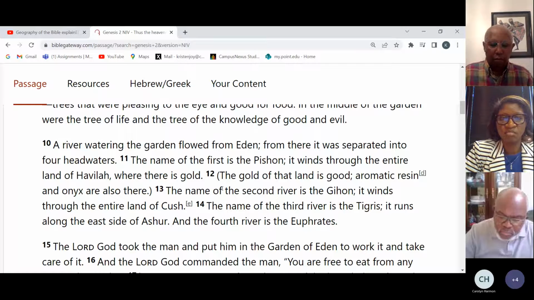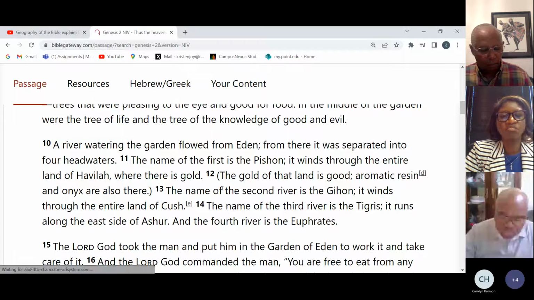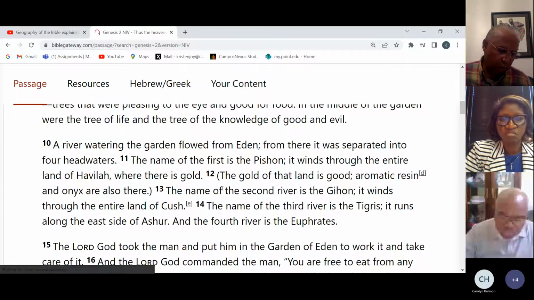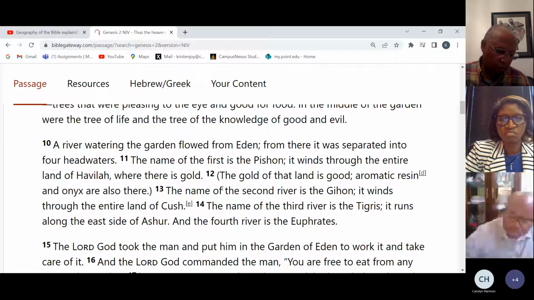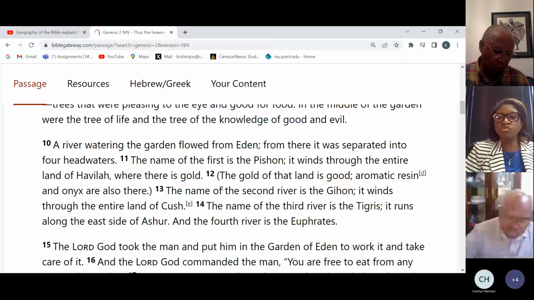The name of the second river is Gihon. It is the one that flows around the whole land of Cush. The name of the third river is Tigris, which flows east of Assyria. And the fourth river is the Euphrates. Awesome. Thank you so much, Walter.